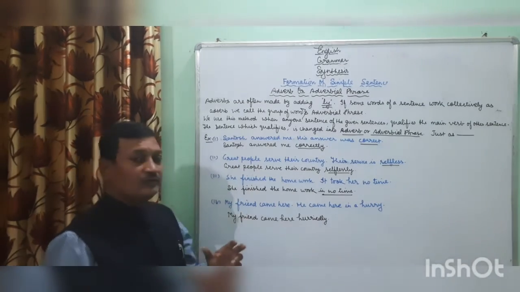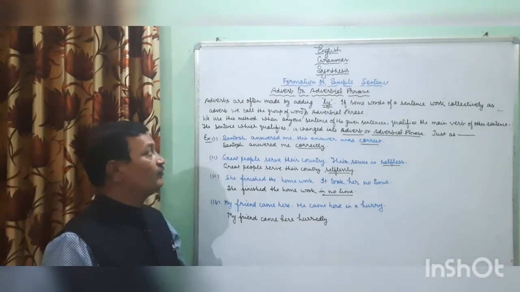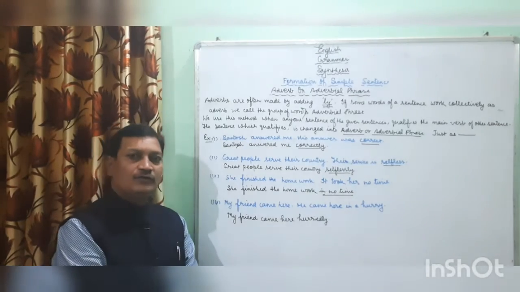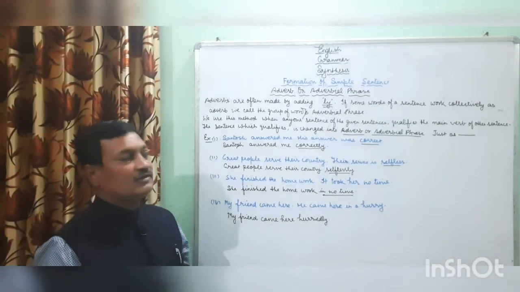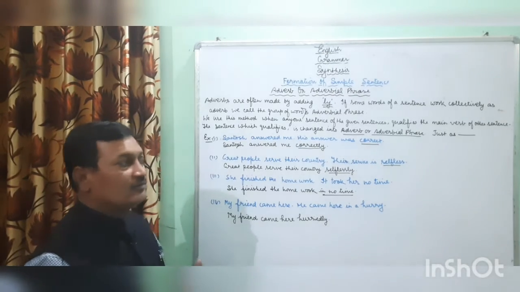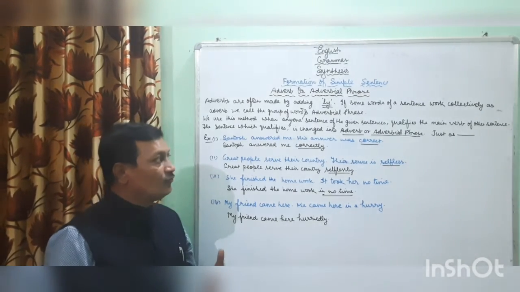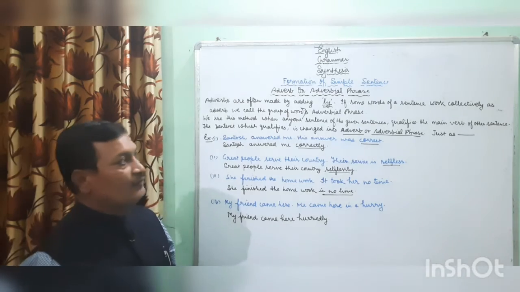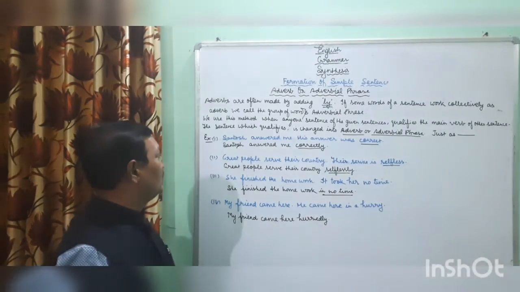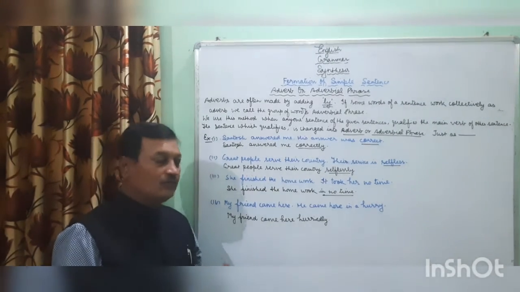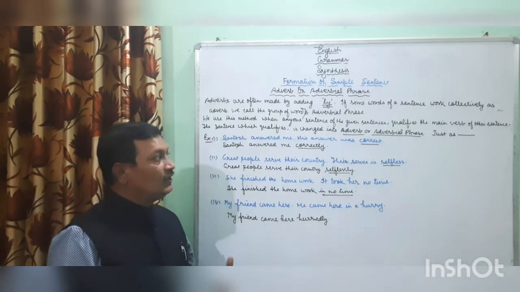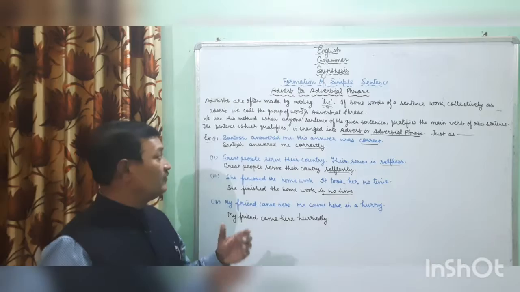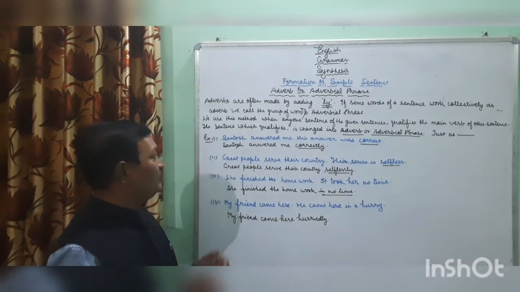we use adverb or adverbial phrase to combine two sentences into a simple one when one of the given sentences qualifies the main verb of the other sentence. The sentence which qualifies is changed into an adverb or adverbial phrase. Just as, let's see, example number 1.